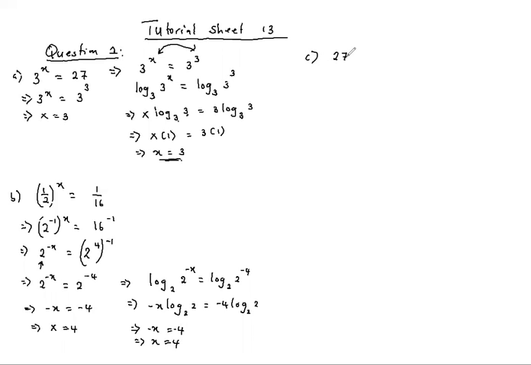C is 27^(4x) = 9^(x+1). Okay, 9^(x+1). We can write 27 as a power of 3. We can't raise 9 to some power to form 27, because 27 is too small for that.